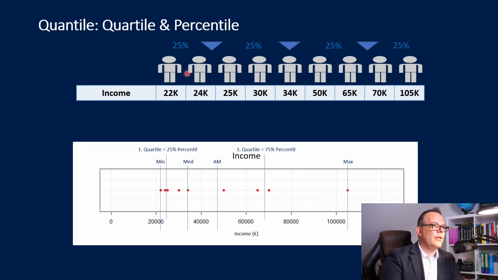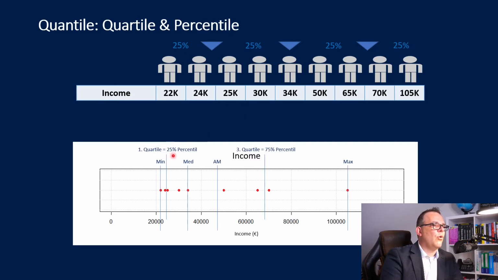The lowest, 2 middle groups, and the highest, all of them being 25% of the data. And of course, the values that you have to split them are called quartiles, because they quarter your data.